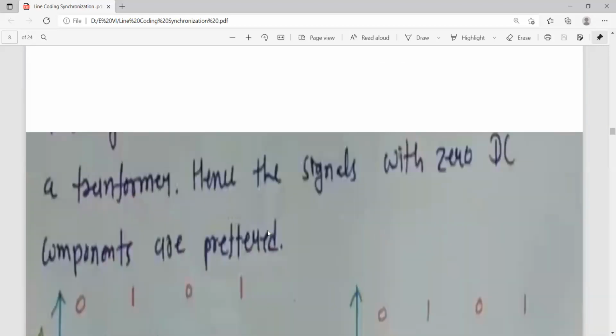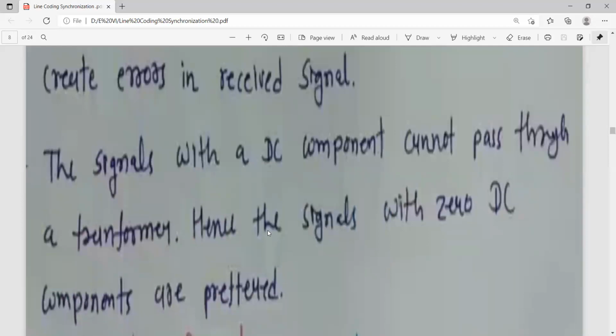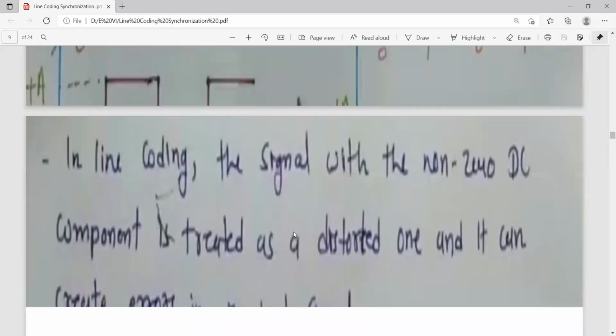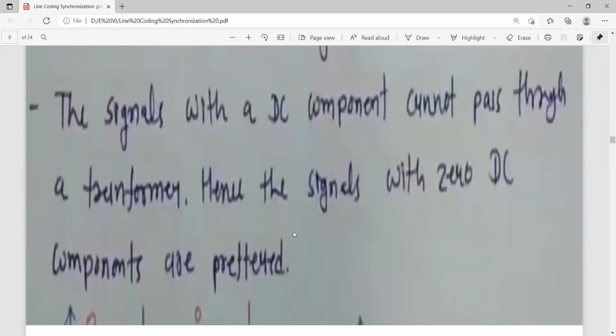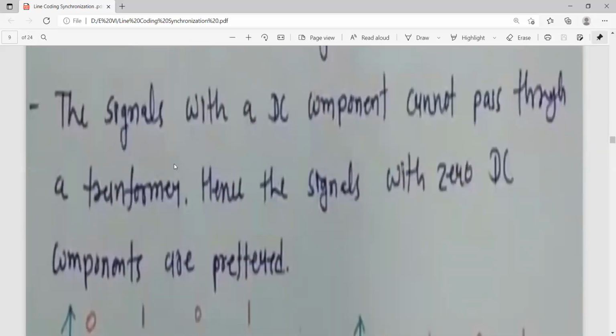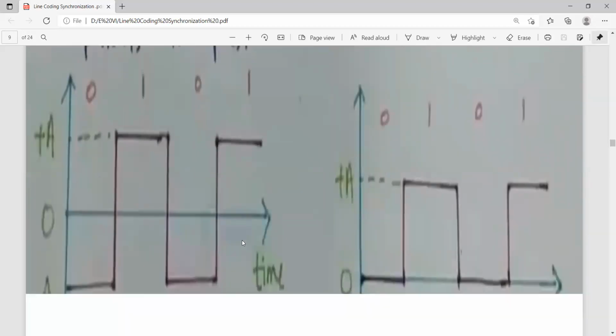Now you can see, the signals with a DC component cannot pass through a transformer, hence the signals with zero DC components are preferred.